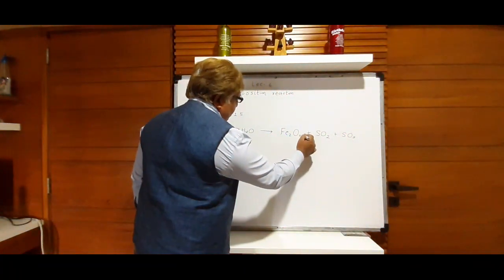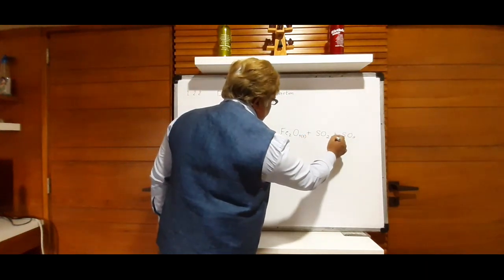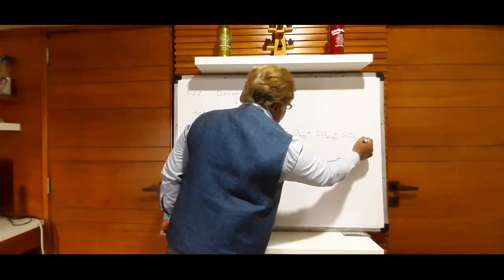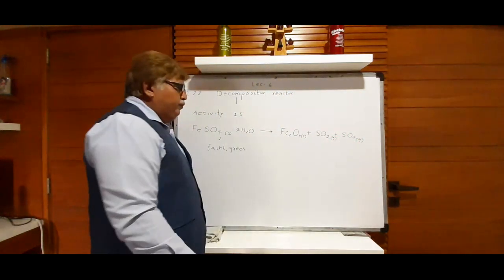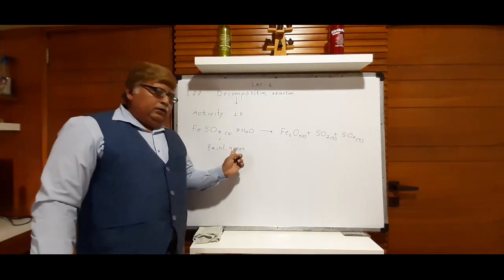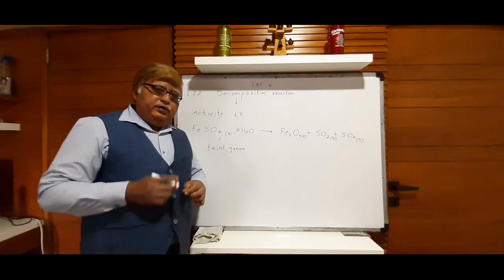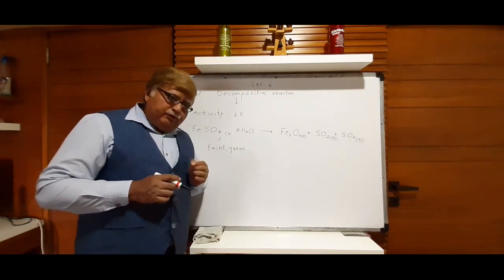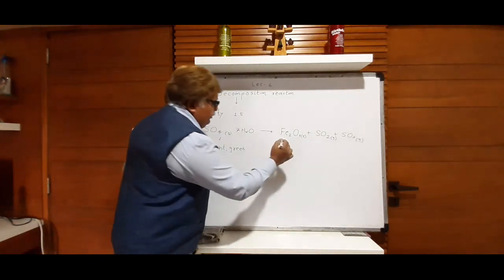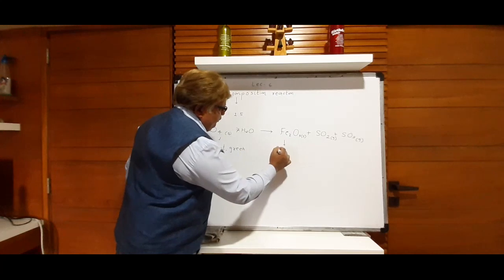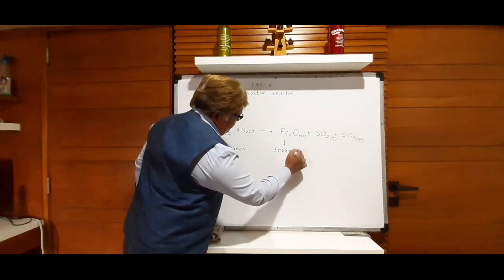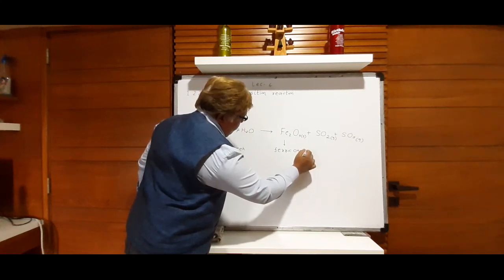Ferric oxide is obviously in solid form, while sulfur dioxide and sulfur trioxide are in gaseous form. When I said that the faint green crystal of ferrous sulfate turns into reddish brown, it is because of the formation of ferric oxide, which is reddish brown in color.